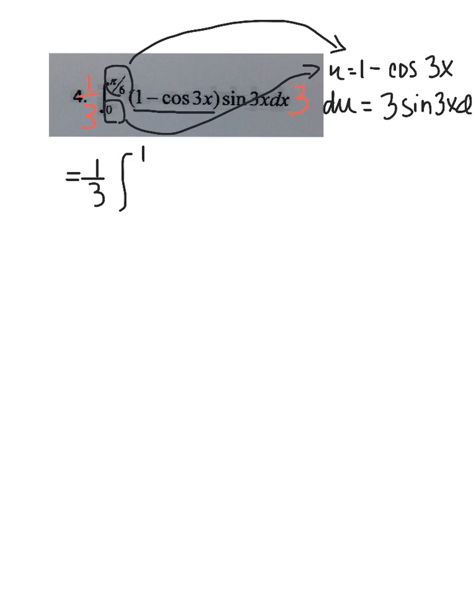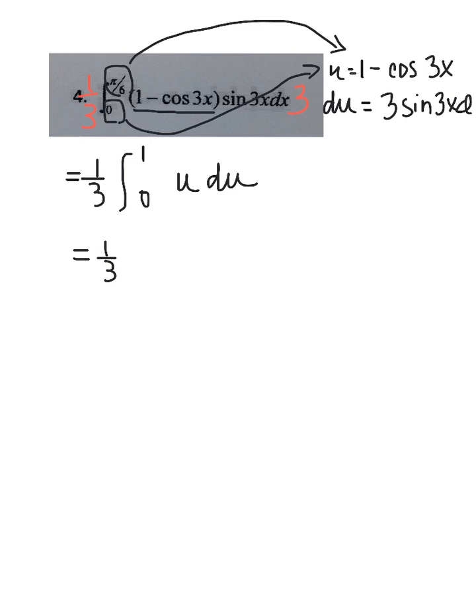And we're going to do the same thing again. I'm going to plug in 0 here. Well, 3 times 0 is 0. The cosine of 0 is 1. And then 1 minus 1 is 0. There's your new bounds. And then we just have u du, right?